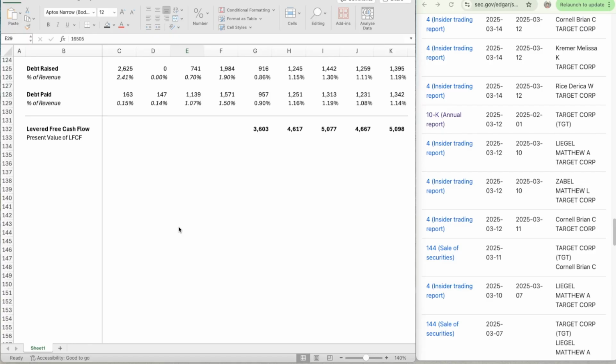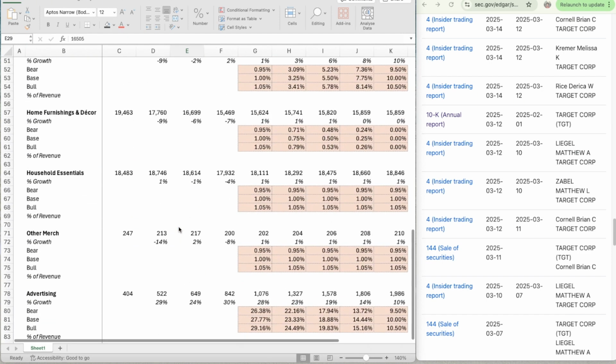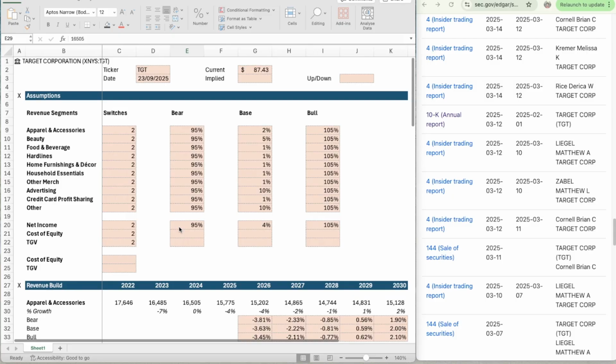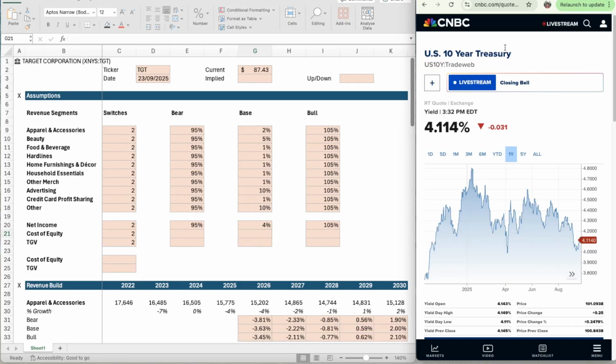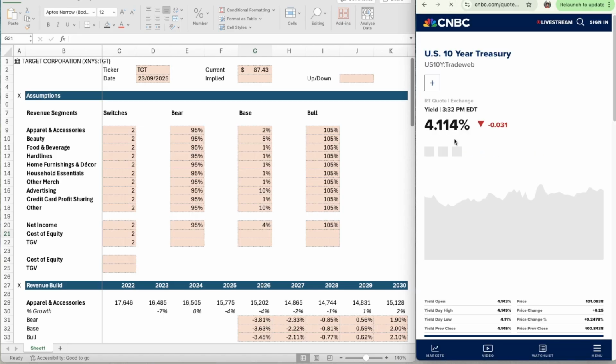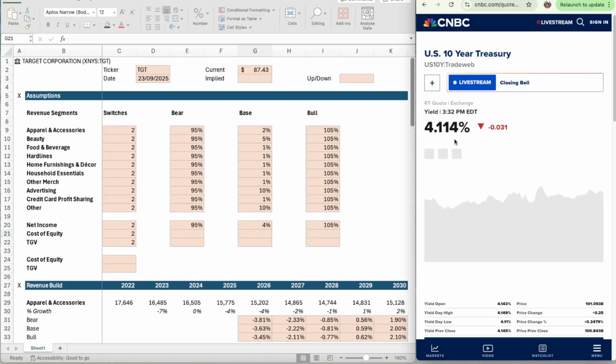Okay, so for the cost of equity, I won't go out and build it how I normally do. We'll just do the risk-free rate being, is this right now? 4.144%.